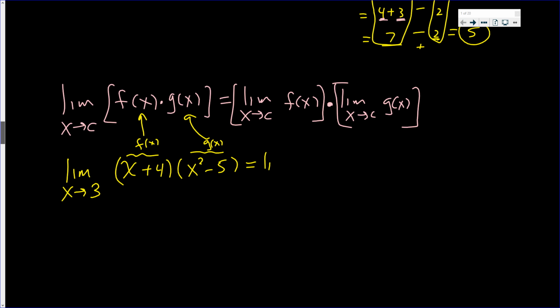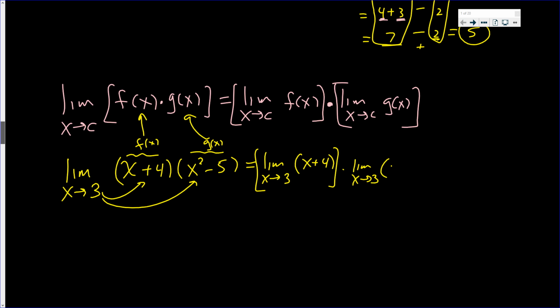So this becomes the limit as x approaches 3 of the first function, x plus 4, and this answer gets multiplied. So I did the limit of this times the limit as x goes to 3 of x squared minus 5.